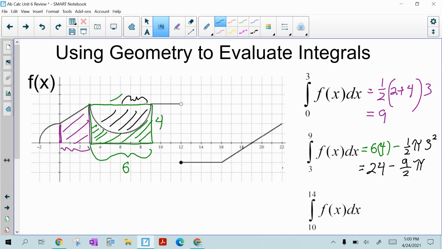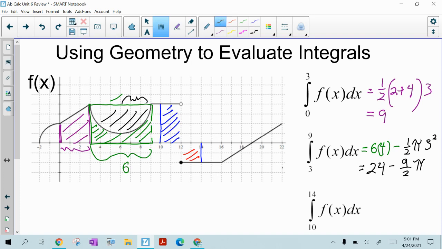Now let's take a look at the last one. And I'm going to cut this piece off here so it's not making a mess. It's asking me to find the area between 10 and 14, which is here. So my problem is this section is above and this section is below.